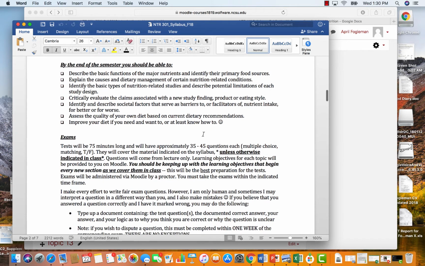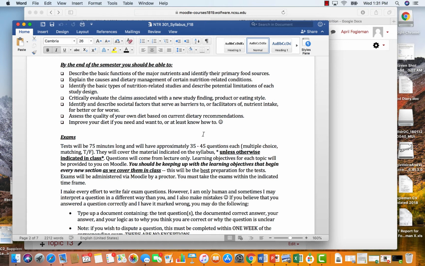By the end of the semester, you should be able to describe the basic functions of the major nutrients and identify their primary food sources, and explain the causes and dietary management of some nutrition-related conditions. Just to let you know, after you complete this course, you're not going to be prepared to go out and help people with these nutrition-related conditions, but this is to give you a basic understanding of those conditions.